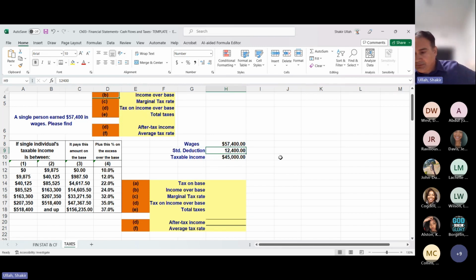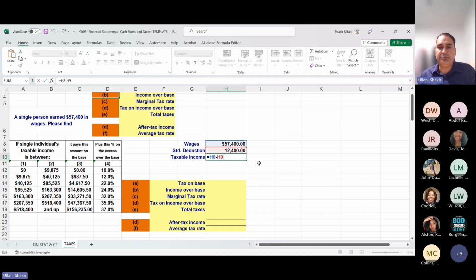Some of you might have that idea, but what the government does is, you earn 57,400, but the government says, well, let's take some amount out of that so you don't pay taxes on that amount, and your taxable income is reduced. So there are two things. If you are a single person and you're filing individually, you can deduct $12,400 from your wages, and your taxable income becomes the difference between the two.